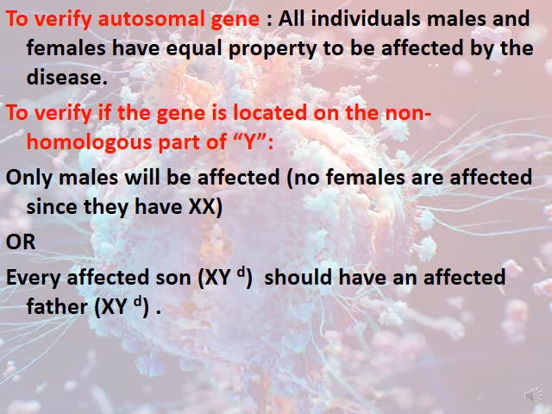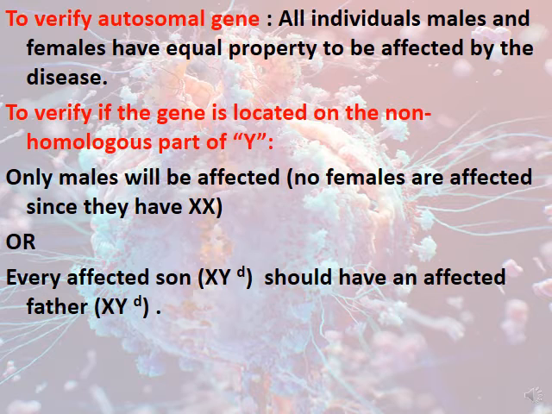This means that only males will be affected, since females have XX. So to verify it, you should look at the pedigree, and all the females should be normal, while only males are affected. So the gene of the disease is located on the non-homologous part of Y. This is the first way.